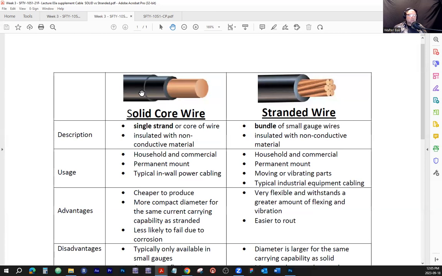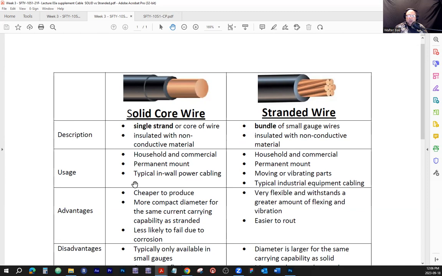And what happens if copper conductors touch? We create something that we call a short. Now, stranded wire is a bundle of small gauge wires. Gauge talks about the thickness of the wire. So here's one strand of a bigger gauge, and over here we have a bundle of small gauge wires, insulated with non-conductive material.